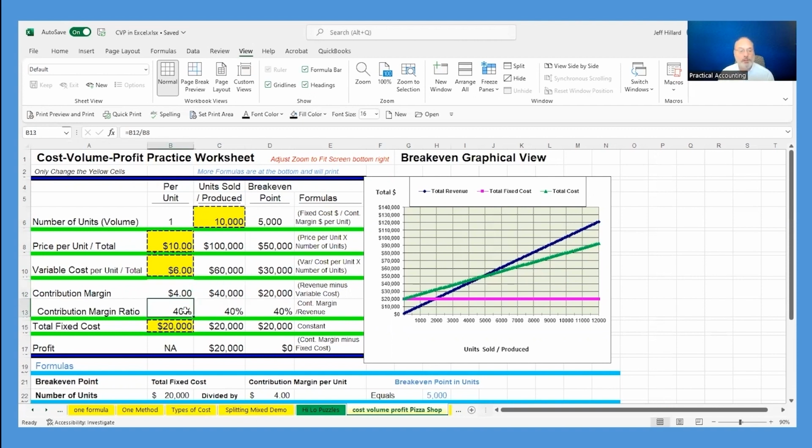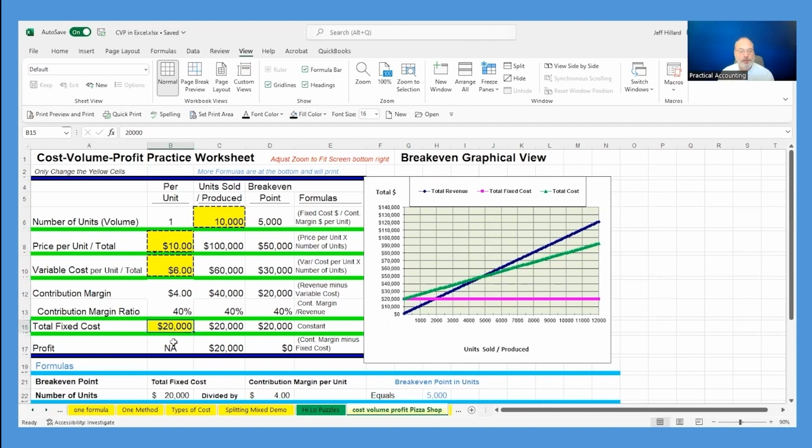Our contribution margin ratio, which remember is contribution margin divided by the price, is really handy to know. This says for every dollar of sales, we have 40 cents to contribute, 0.4, to covering our fixed costs and our profit.